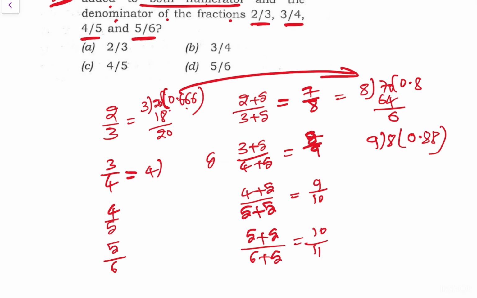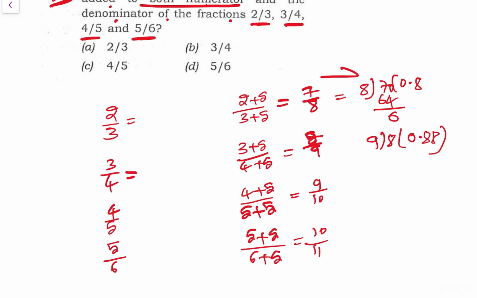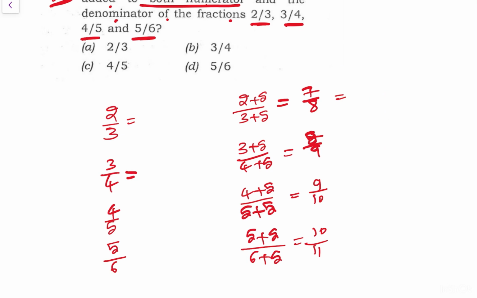So the second way of doing it is like this. See, 2/3 is 1/3 into 2, right? So 1/3 is 33.33%, so 2 into 2, so the value of 2/3 is 66.66%.